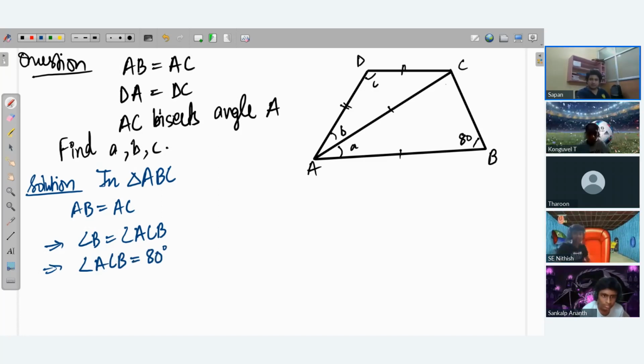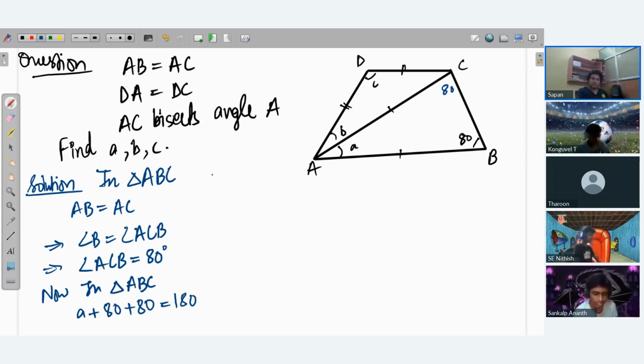And in triangle ABC again, the sum of angles must be 180 degrees. So A plus 80 plus 80 is equal to 180. It means that A is equal to 180 minus 160, 20 degrees. So A has come as 20 degrees.